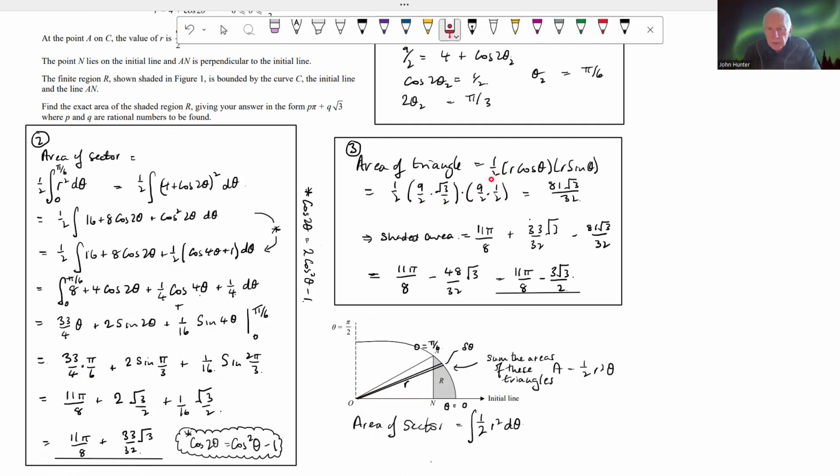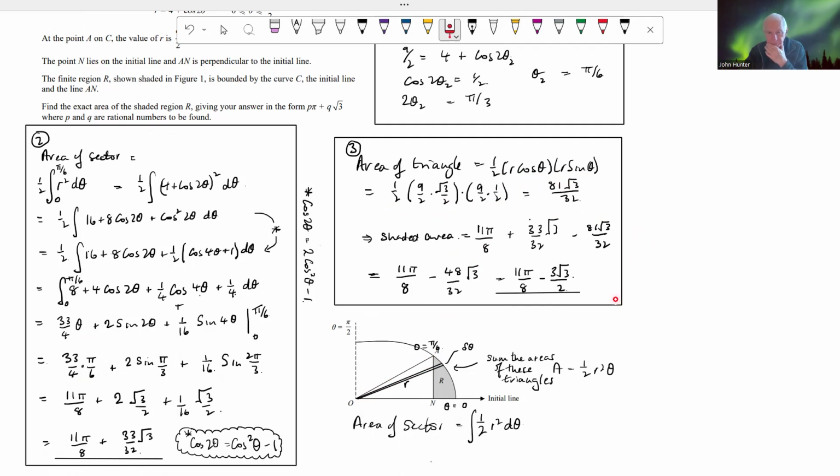So that's half of the base, r cos theta, where theta equals pi by 6, times the height, r sine theta. So if we just convert that, with what we know r to be, 9 by 2, cos pi by 6 is root 3 over 2, and sine pi by 6 is a half. All right, so we've got all the bits there. We can just work that through to give us that.